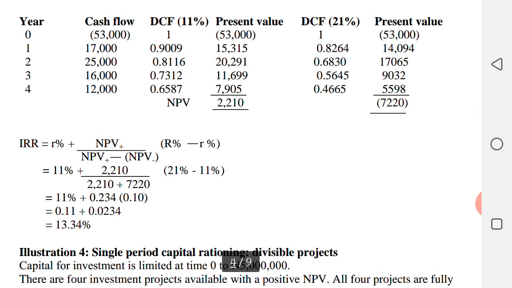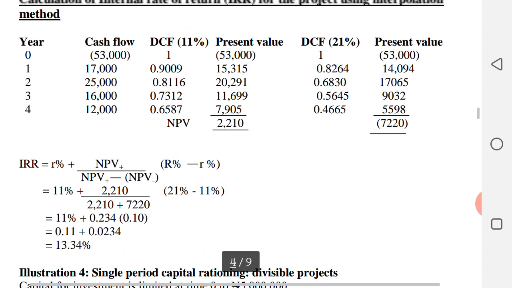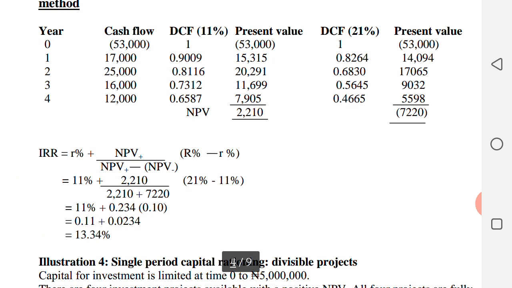Now you are told that using IRR, is the project viable or not? If you are told that the return from the project is, let me say, 12, and the IRR is 13, then we should accept the project because the IRR is greater than the minimum return of the project.